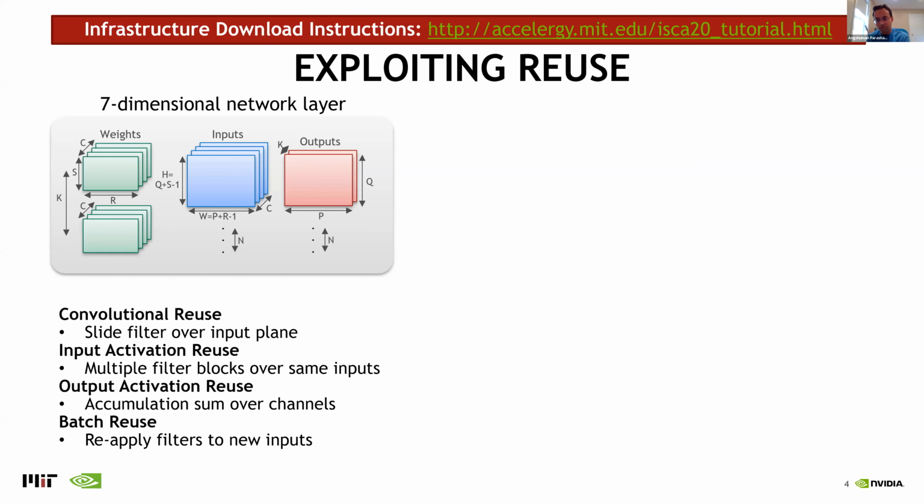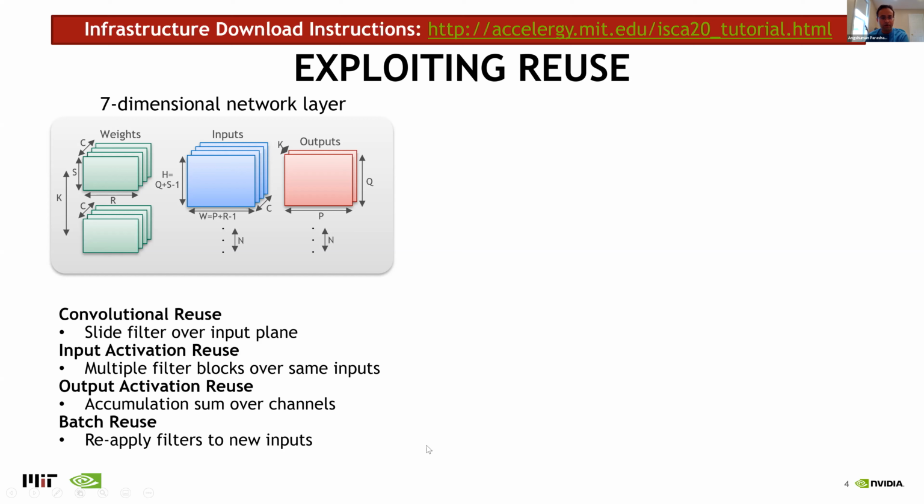To a first order, reuse is a big component of how those workloads behave on that architecture and how efficiently they execute on it. An example of the kinds of workloads we're interested in is this 7-dimensional convolutional neural network layer that I'm sure most of the audience is familiar with.